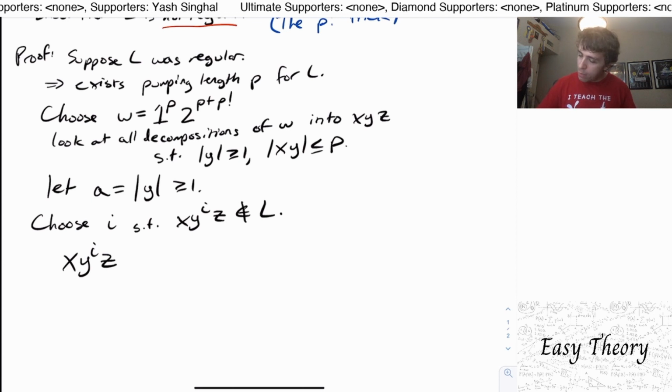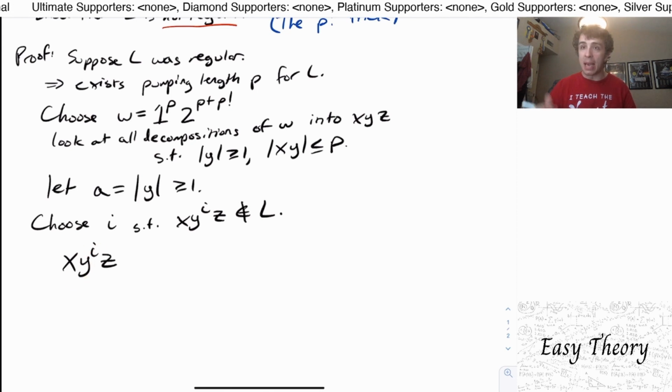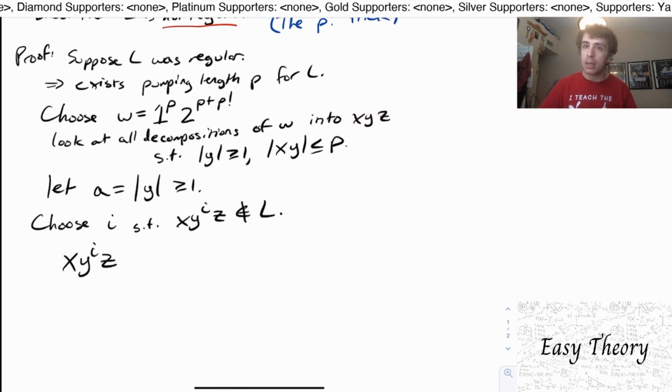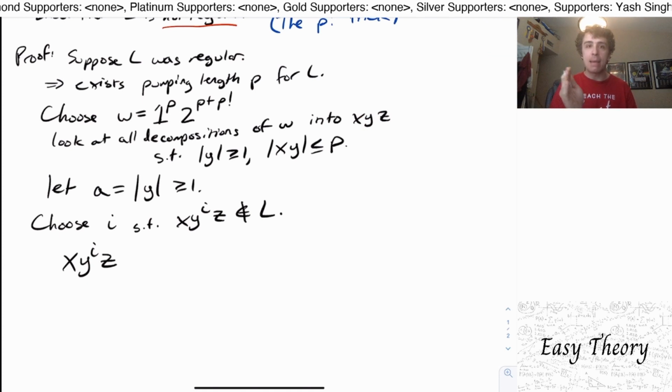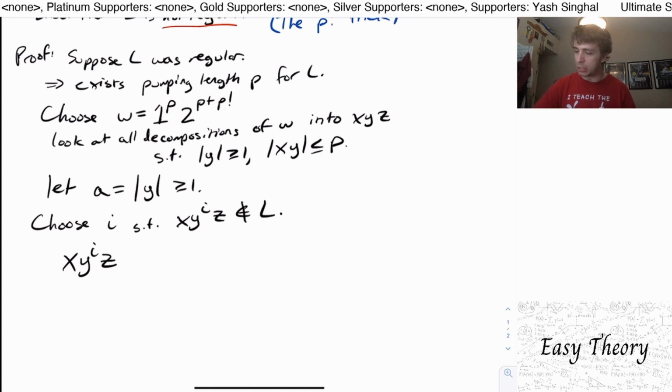Well, we have A characters in Y, and so the Y to the I part has length I times A, because there are I occurrences of that thing. And we had one occurrence of Y at the start, so we are adding I minus 1 times A ones into the string.